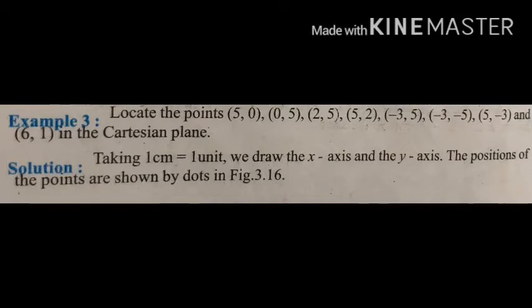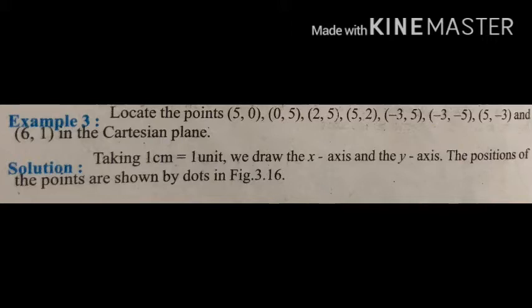Now let us check example number 3. Locate the points (5, 0), (0, 5), (2, 5), (5, 2), (-3, 5), (-3, -5), (5, -3) and (6, 1) in the Cartesian plane. By taking 1 centimeter equal to 1 unit, we draw the x-axis and y-axis.